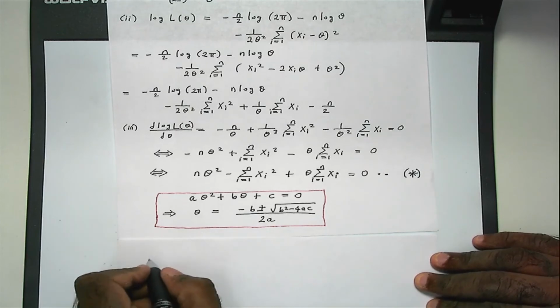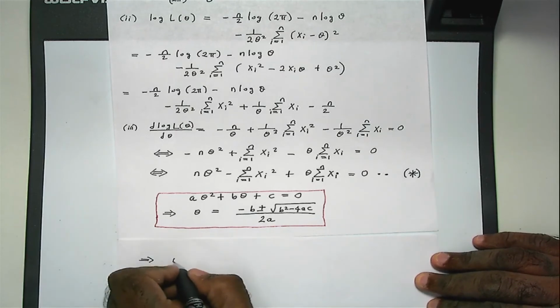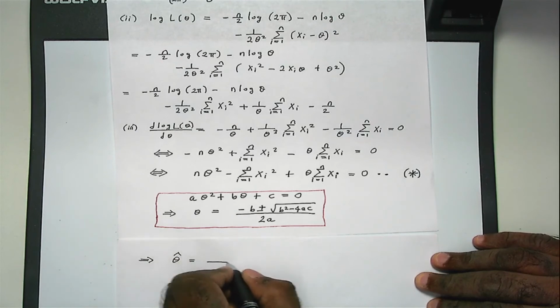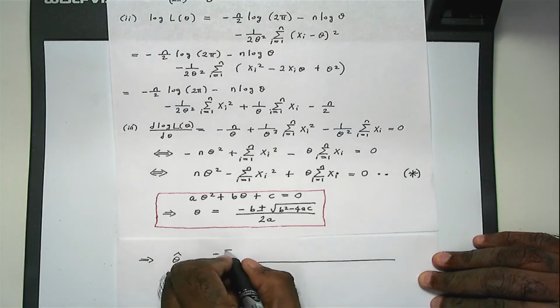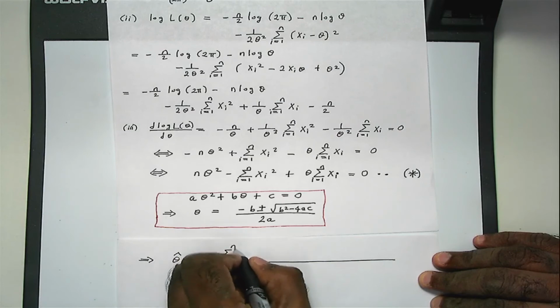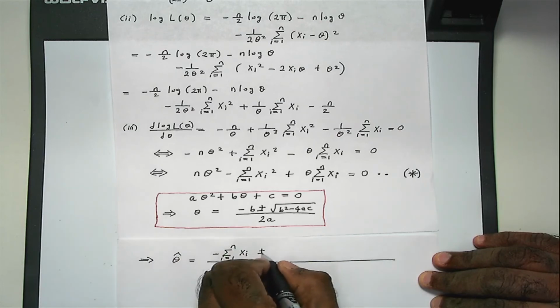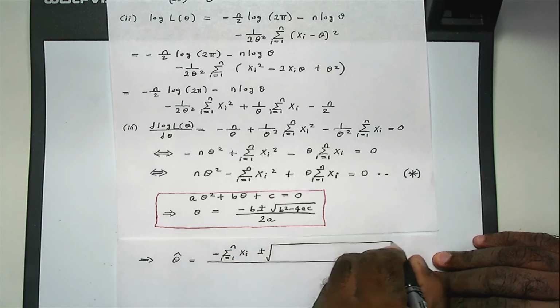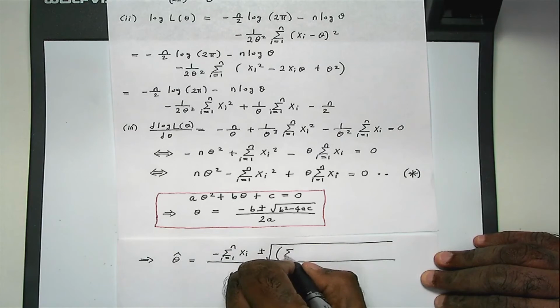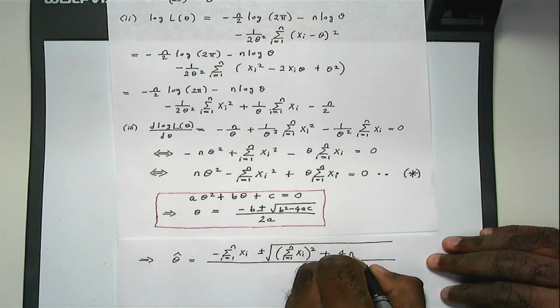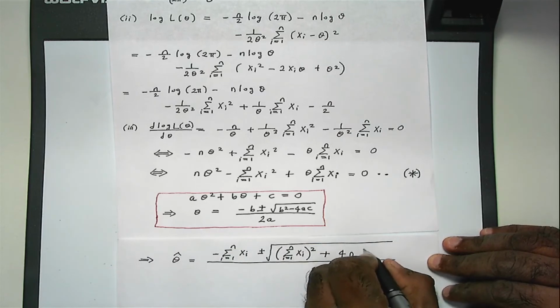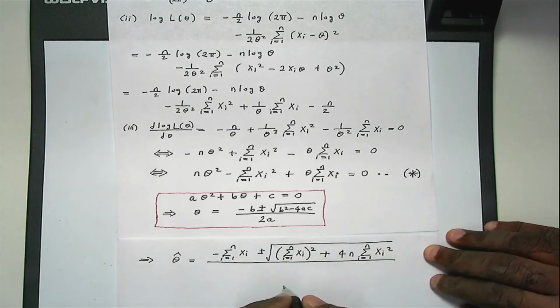This implies that theta hat is equal to minus b, which is the sum of xi, plus or minus the square root of b squared, where your b squared is this, minus 4ac, which is 4 times n times the sum of xi squared, divided by 2a, which is 2n.